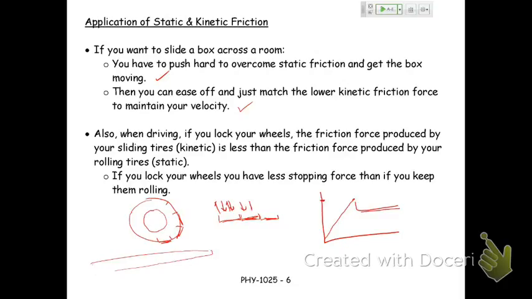If I can be on the point of slipping, I'm there. And that's the frictional force, FF, that I am applying to my car. But if I lock my brakes so that I slide across the surface, then I'm somewhere in here, and it is a lower frictional force.